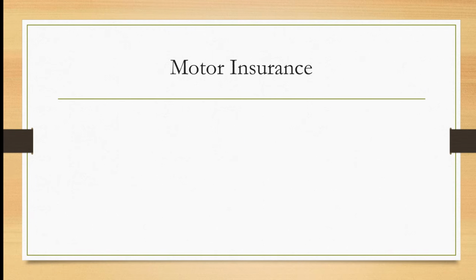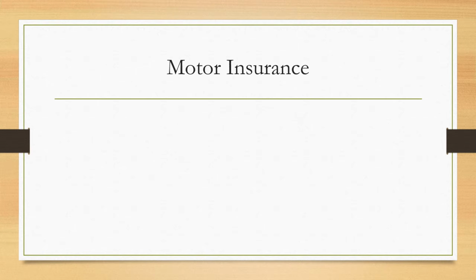Now let's move on, and then let's give an example of a motor insurance. Let's say for a scenario we have three people. So here we have the driver, who will be Lee, and then the passenger will be Lin.